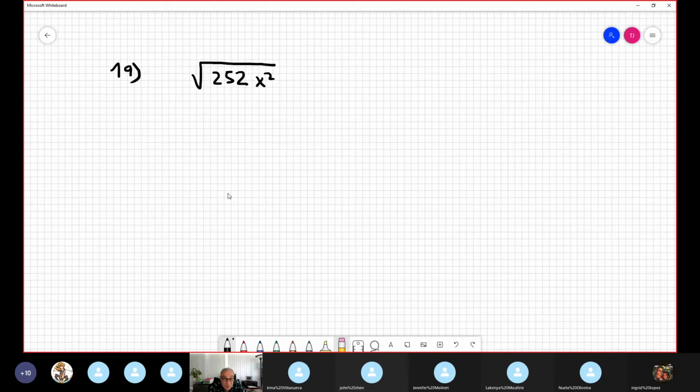This is equivalent to the square root of 252 and the square root of x squared, because it's multiplication. It's obvious that the variable part is just x. Actually, it's square root of 252 times x.